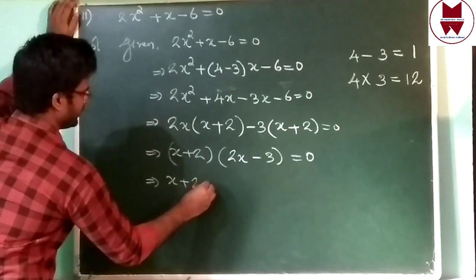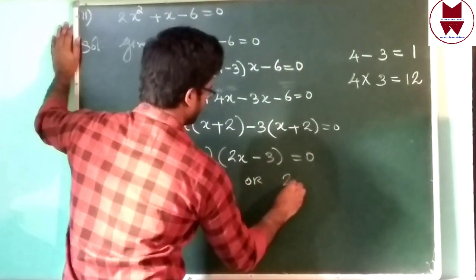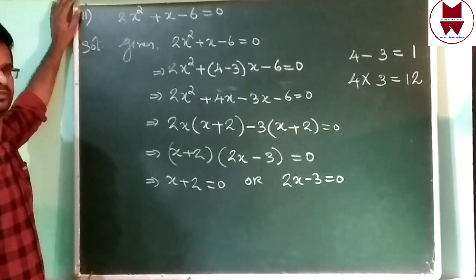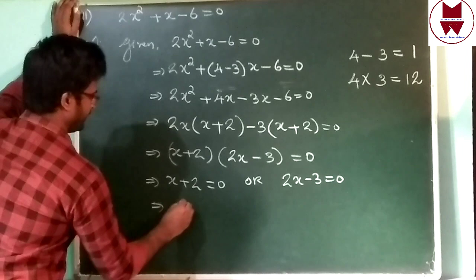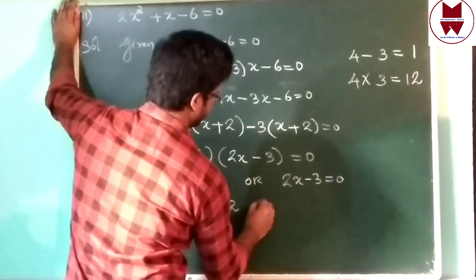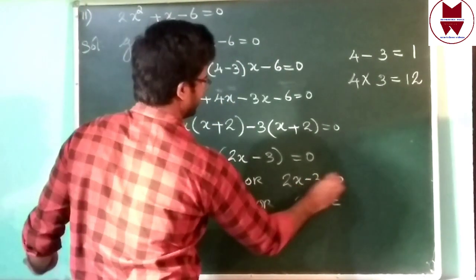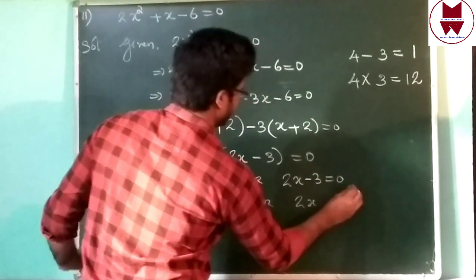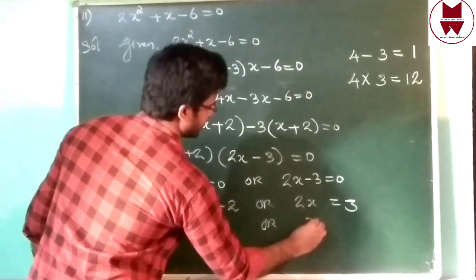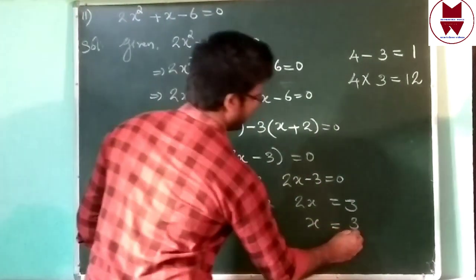x plus 2 equal to 0 or 2x minus 3 equal to 0. Let's solve separately. x equal to plus 2 become minus 2. 2x equal to minus 3 become plus 3. x equal to 3, bring to right side, that will be divided by 2.